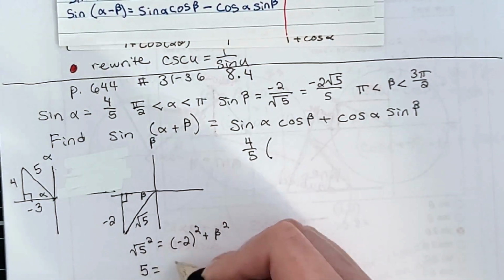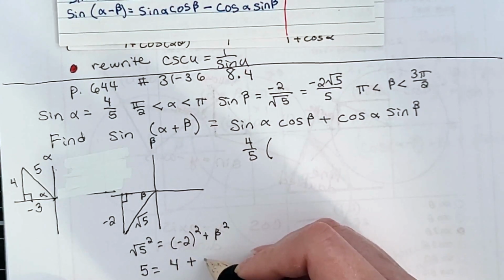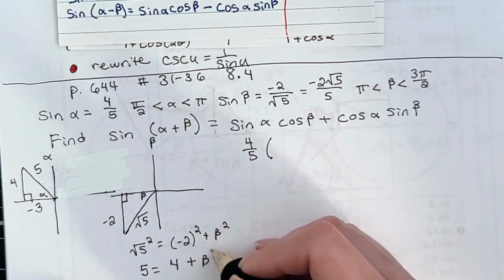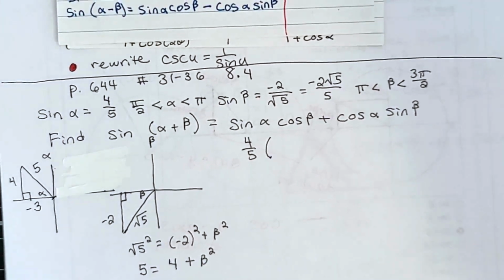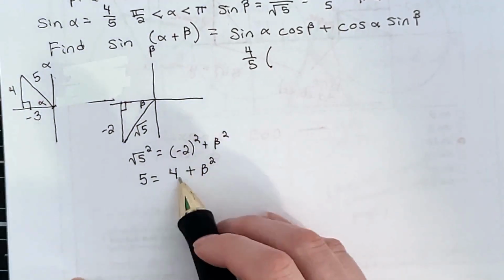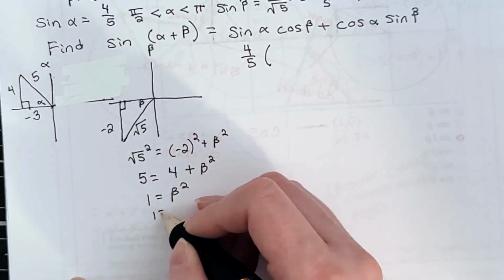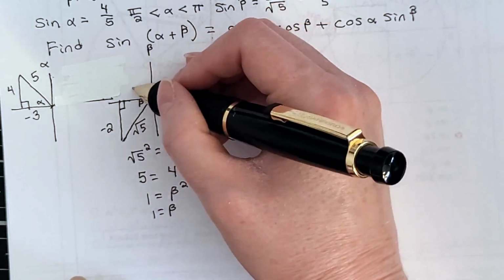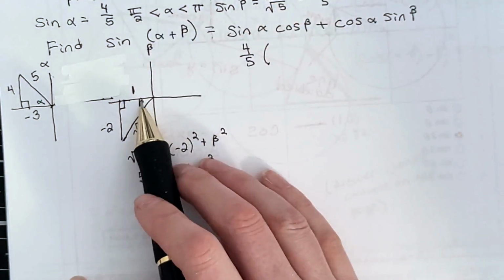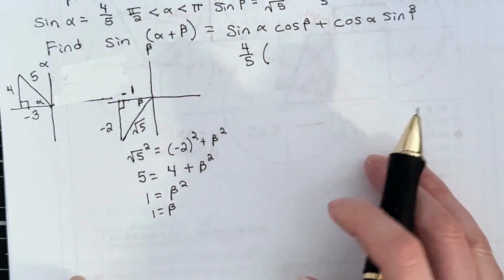So 5 equals 4 plus your b squared. All right, so we would subtract 4 on both sides. So 1 equals b squared. So 1 equals our b. And of course, because we're in this quadrant and this is the negatives, it's really going to be -1 there.